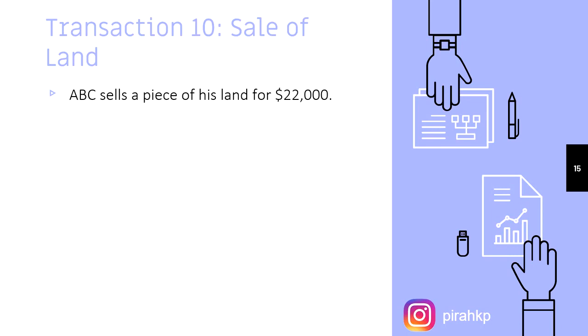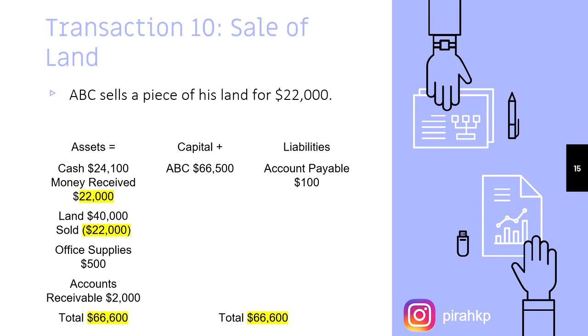You received money, $22,000, and you gave up a piece of land which cost $22,000. So you are going to subtract that amount for that piece of land. So land minus $22,000. And you are going to add that amount in cash. Alright? Simple, easy. You have to do nothing. You have to just change your assets.